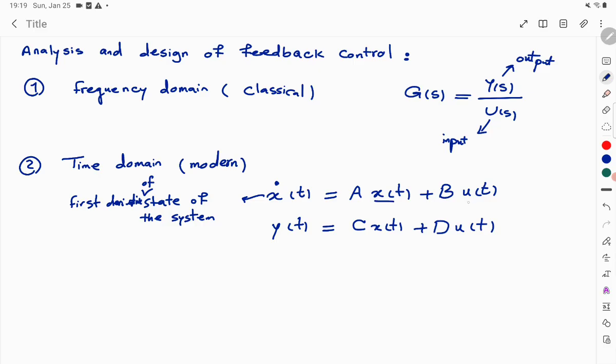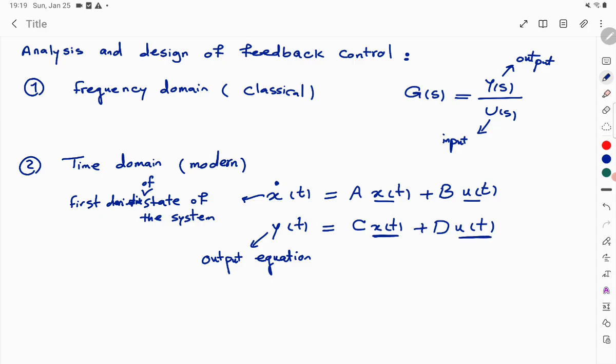And u is input, and this one is the output equation, which is written based on the state of the system and input.